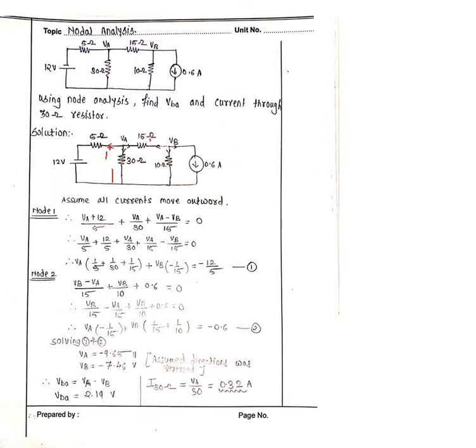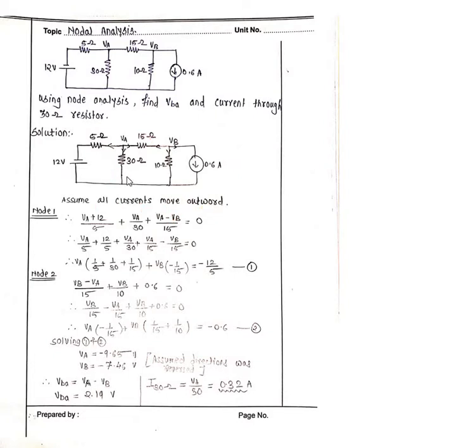How many arrow marks? 1, 2, 3. Three arrow marks you write. I1 plus I2 plus I3, because all my currents are in the same direction, equals 0. You may write this, but I will go directly to the steps.